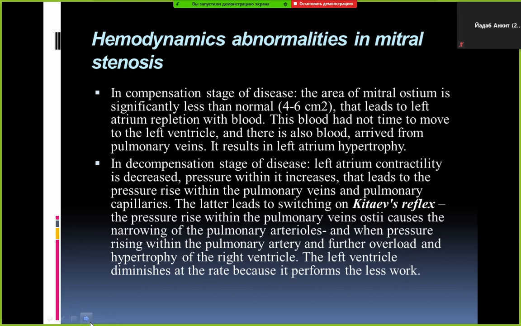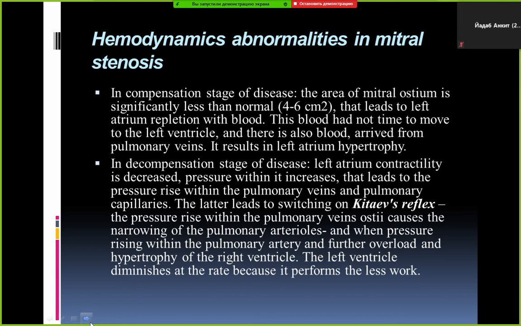In compensation stage of the disease, the area of mitral ostium is significantly less than normal. Normal area is from 4 to 6 square centimeters. That leads to left atrium repletion with blood. This blood has no time to move to the left ventricle, and there is also blood derived from pulmonary veins. It will result in left atrium hypertrophy.